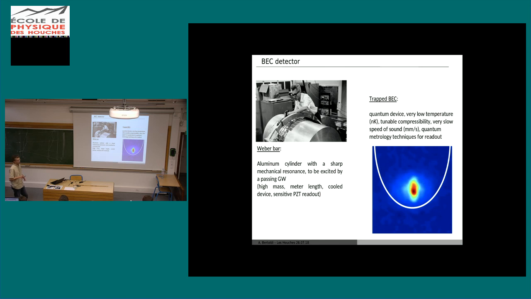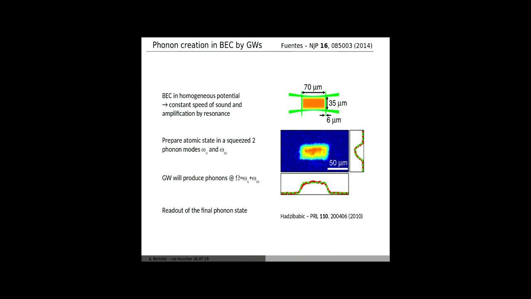There is a very slow speed of sound, which can be as low as millimeters per second, that on a few micrometers gives again resonances in the band between 10 to the 4 and 10 to the 5 Hertz. So it's finally comparable to what they were trying to find, and are still nowadays trying to find, with these kinds of devices. And a big advantage is that there are quantum metrology techniques for the readout. You don't rely on classical devices.